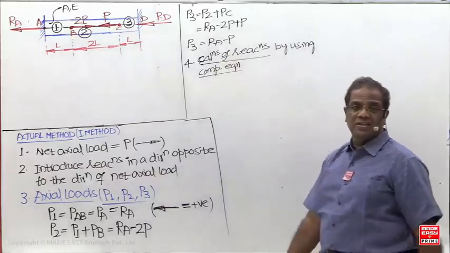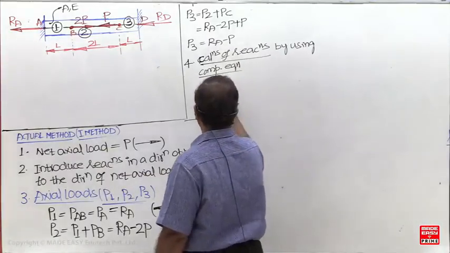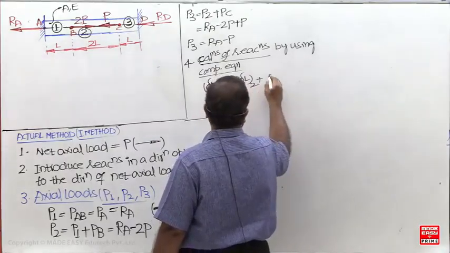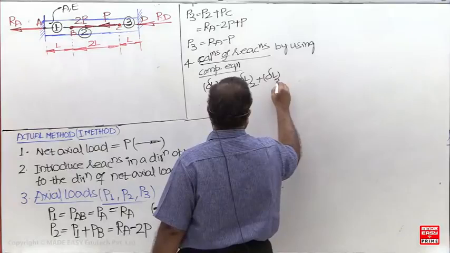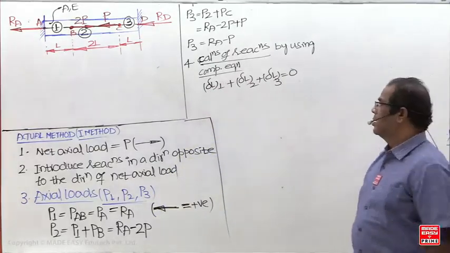How many bars are there? 3 bars. Delta L1 plus delta L2 plus delta L3 equals 0.